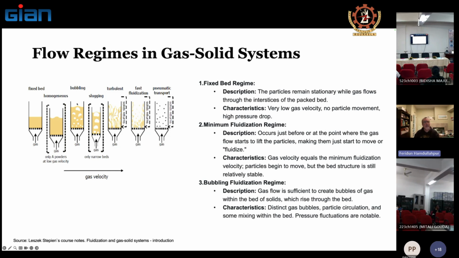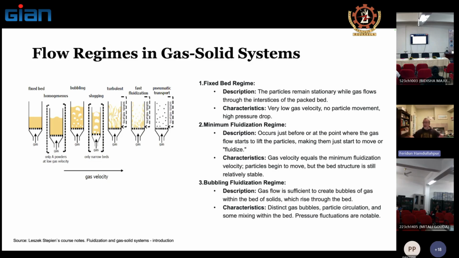So moving from bubbling to this, we're further increasing the gas velocity. We reach a turbulent state. Turbulent state is not the turbulence of air or gas, it's the turbulent motion of the particles.